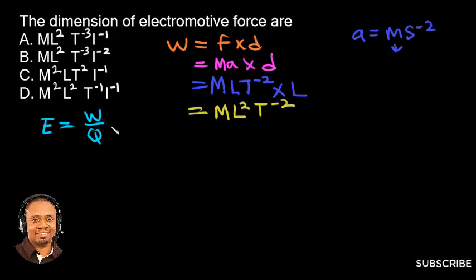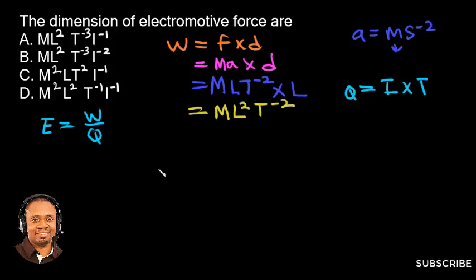But before then, let us also figure out the dimension for charge. Remember that the dimension for charge, which is Q, is equal to current I times time T. So that is the dimension for this.